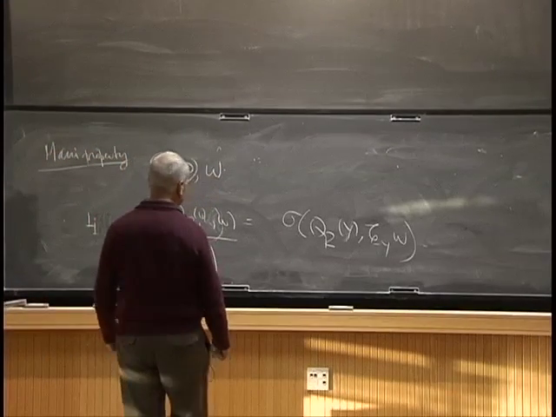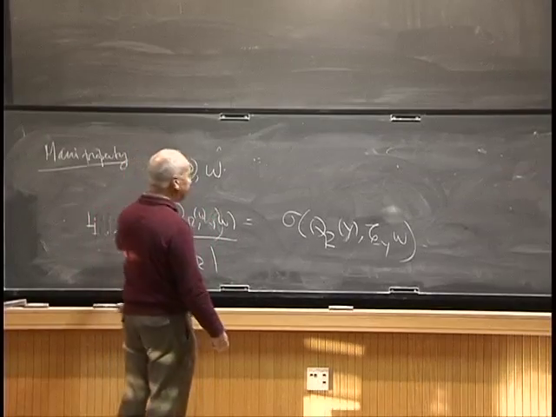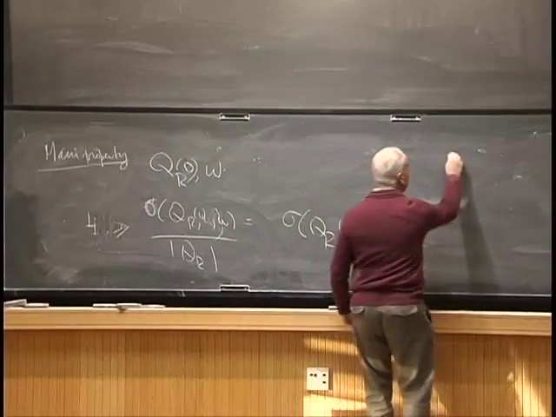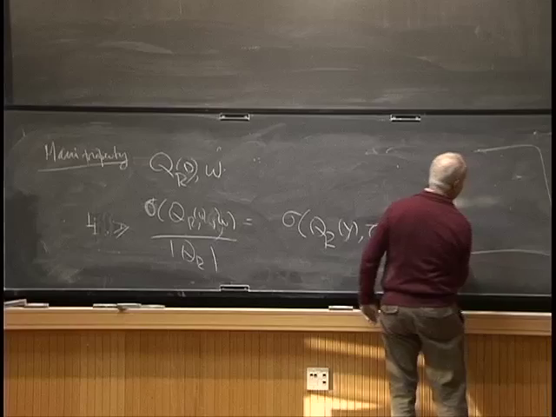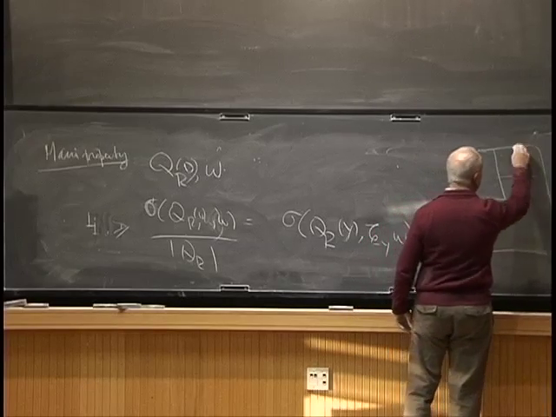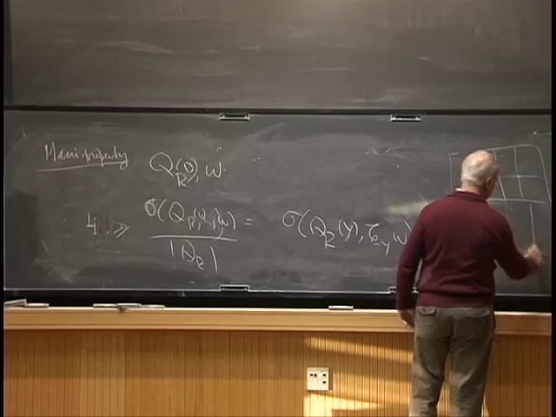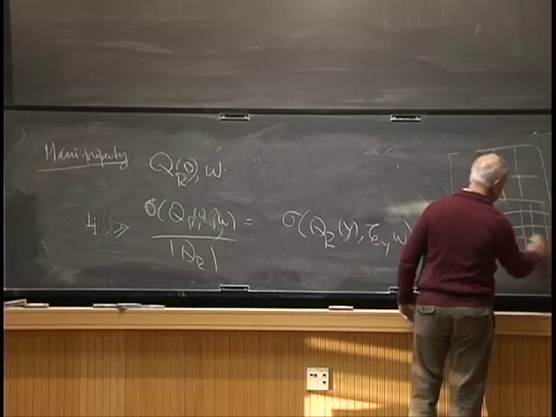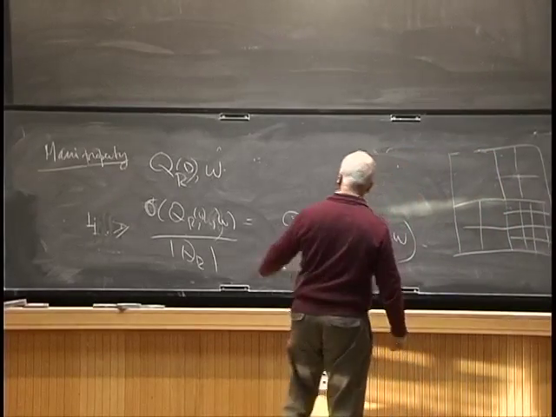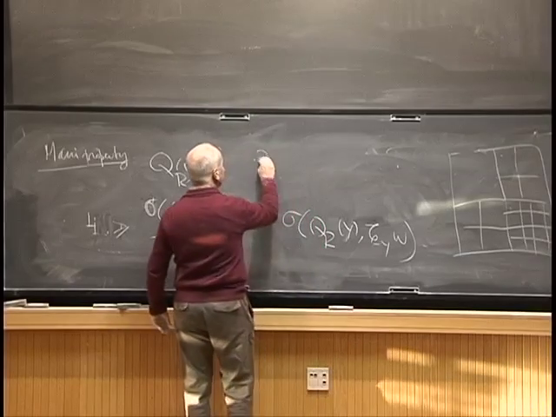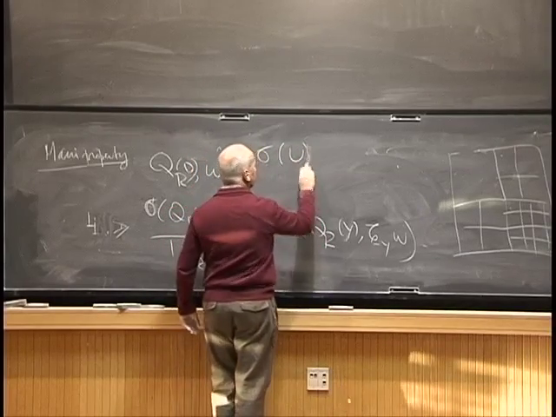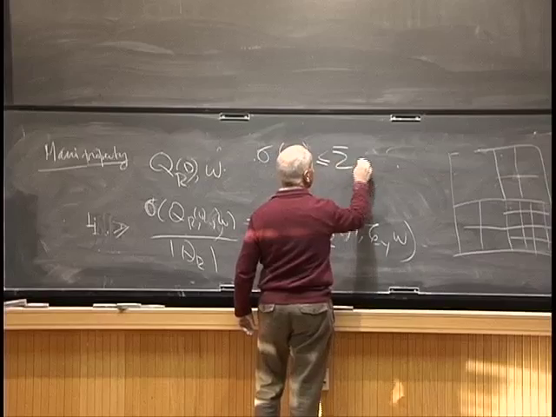And suppose that it's subadditive. In other words, suppose that if I take a cube and I divide it into a bunch of subcubes, then sigma of the union is smaller or equal than the sum of the sigmas.